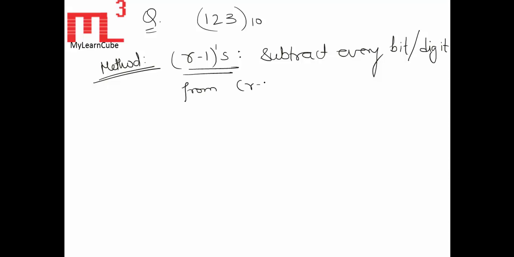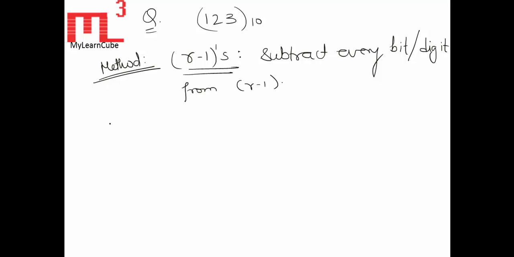Take one example. Suppose you want to compute the complement of this number. For R minus 1's complement, the method, or you can say trick, is to subtract every bit or digit from R minus 1.